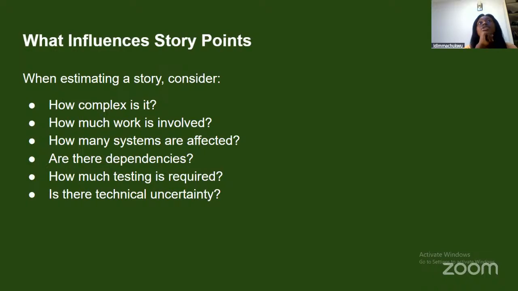Now, the completion of the first user story depends on the completion of the second user story. So for you to be able to complete the first user story, you need to first of all complete the second user story. And that is what dependency is. And also you need to think of how much testing is required. And lastly, is there technical uncertainty?